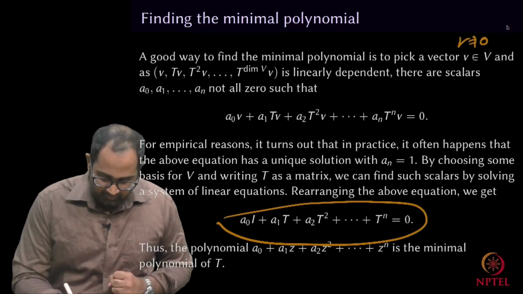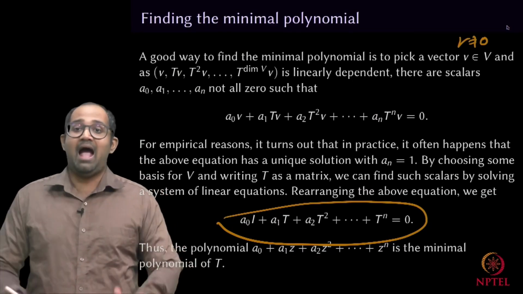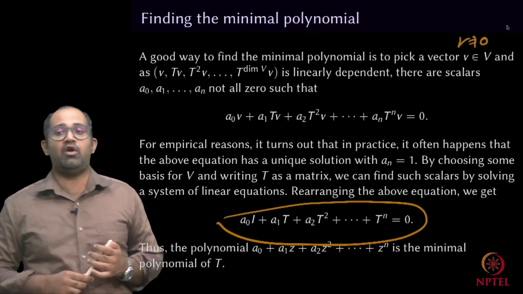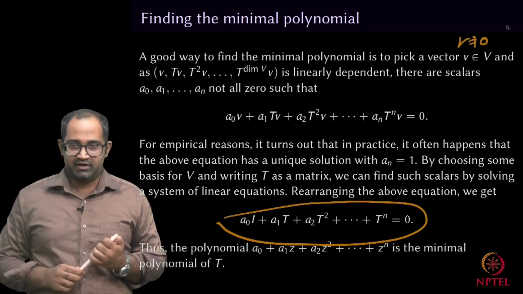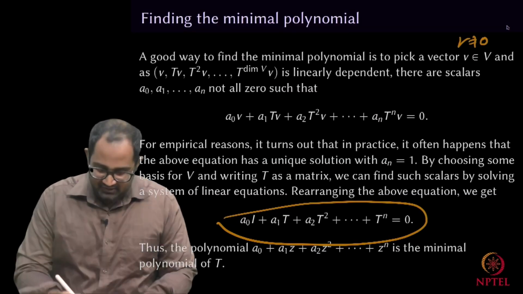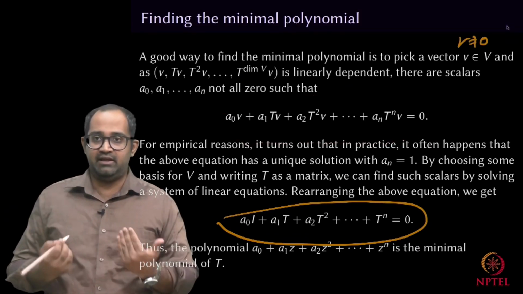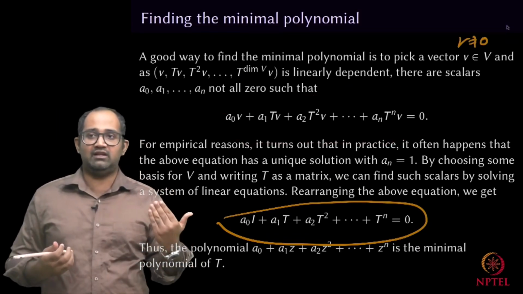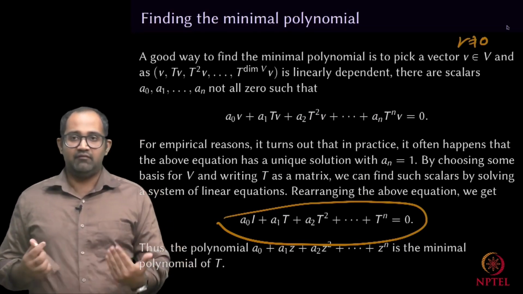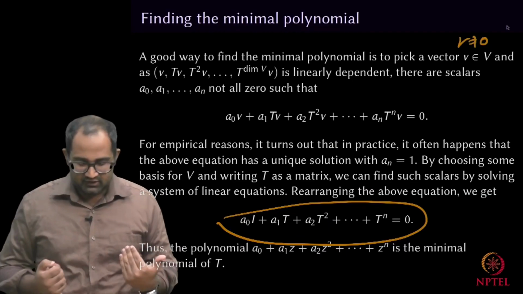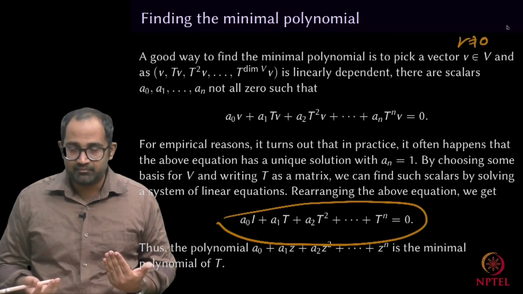Then this polynomial a0 plus a1 z plus dot dot dot z to the power n has no choice but to be the minimal polynomial of T. Why does it have to be the minimal polynomial of T? Because this equation has a unique solution for an equal to 1, and recall that the minimal polynomial is that monic polynomial which destroys the operator T. Therefore, it must destroy T of v as well.